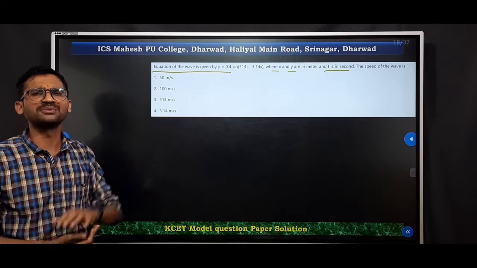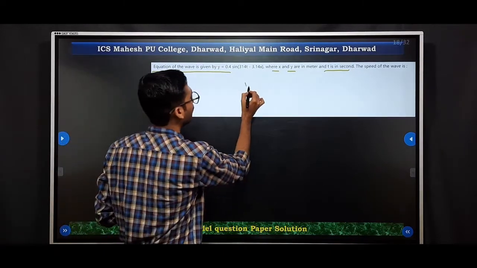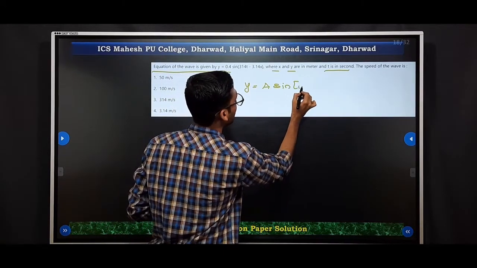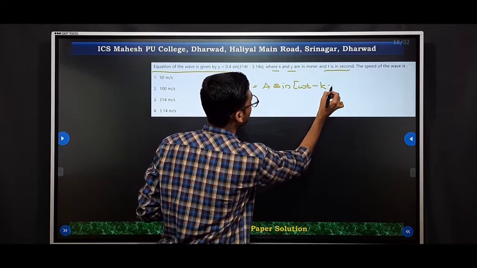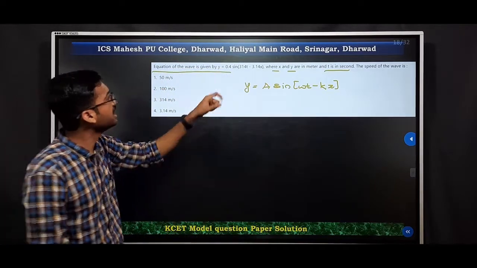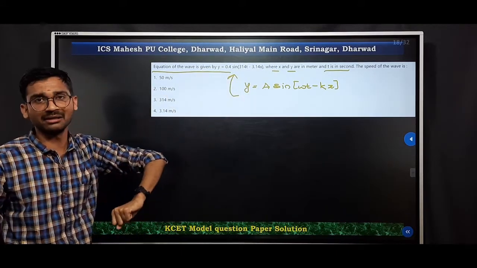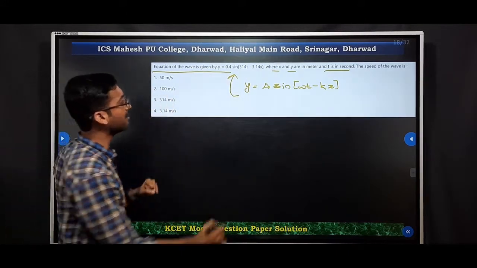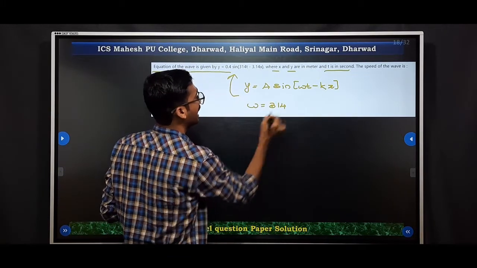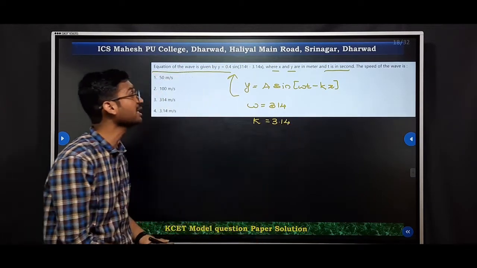If you observe this equation, it is almost a standard equation: y is equal to a sine of (omega t minus kx). Now comparing this standard equation with the given one, omega is 314 and k is 3.14.